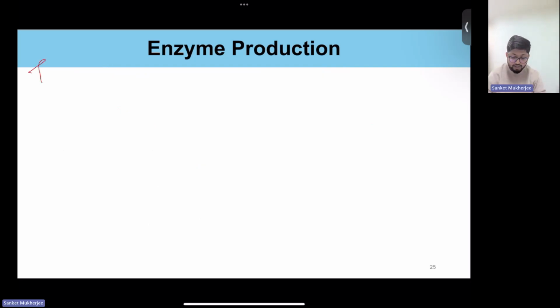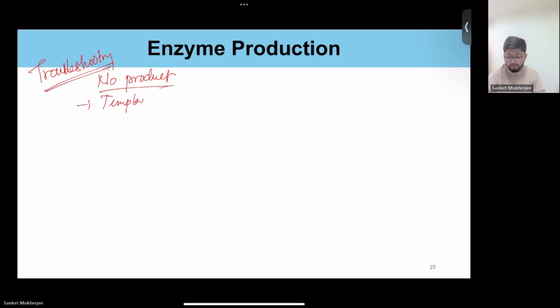Some troubleshooting steps. So let's say there is no product formed, then you can check the template DNA quality.